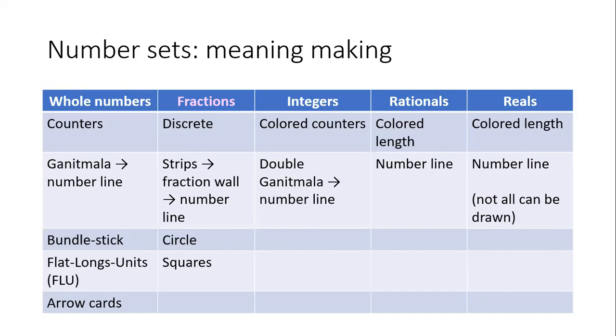So your choice gets very limited there. I think you are probably familiar with Ganitmala. In the next slide, I will show you and talk a bit about that. So Ganitmala has to transition into the number line, and it will have a double. The Ganitmala represents only the positive part of the number line, and the double represents both the positive and the negative part.